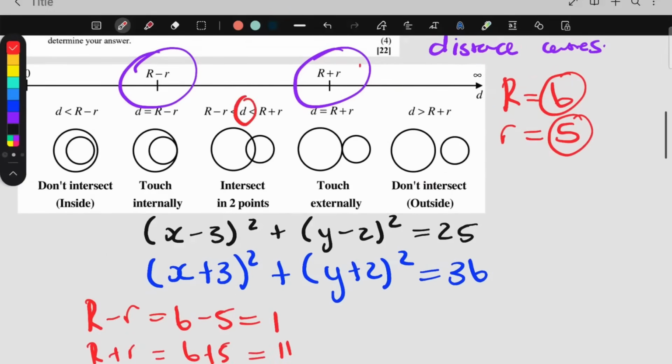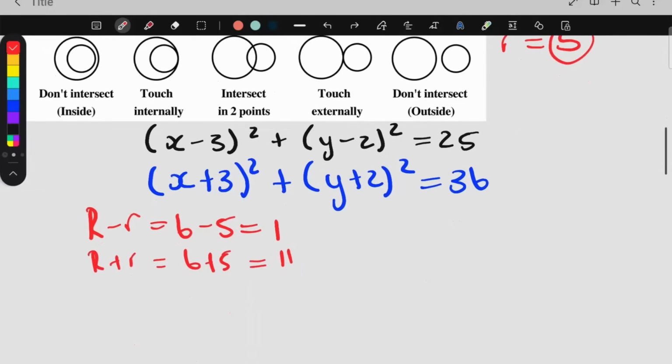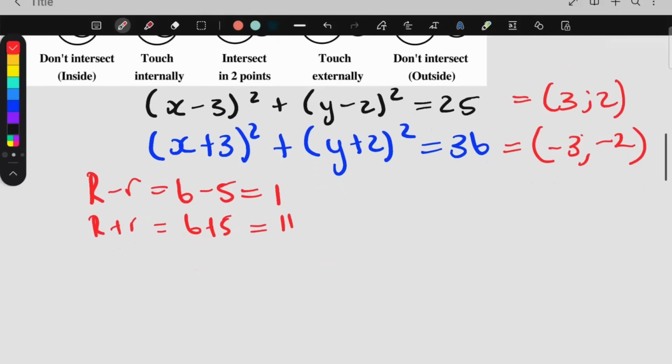Now I'm going to work out the distance between the two centers. The center for the first circle is 3 and 2. And the center for the second circle is this and this, opposite signs. I'm going to use the distance formula.